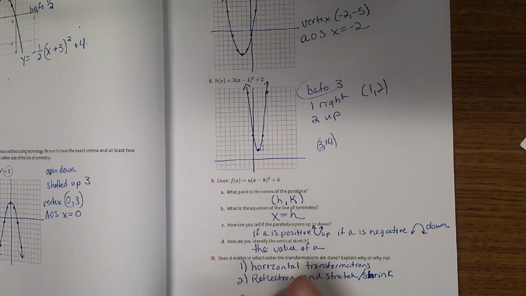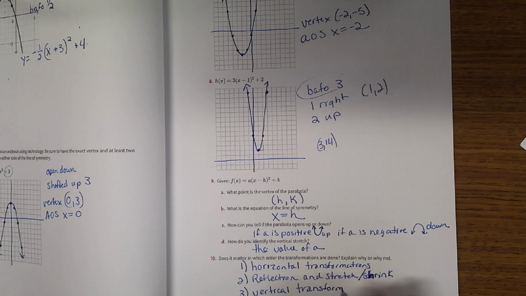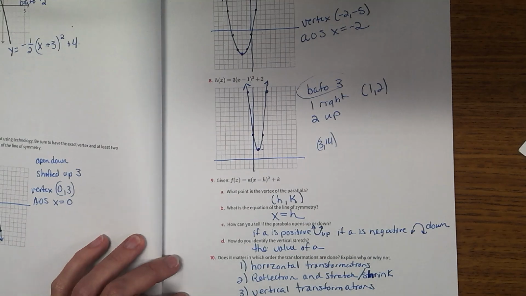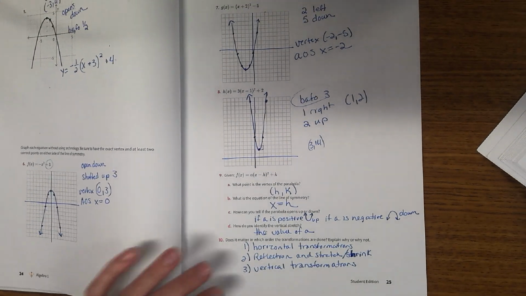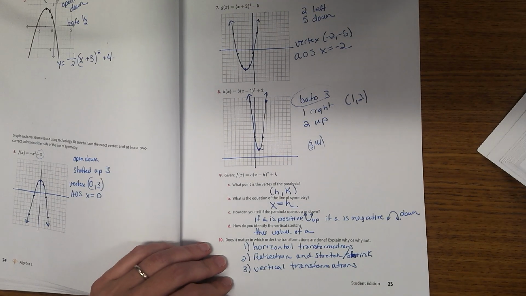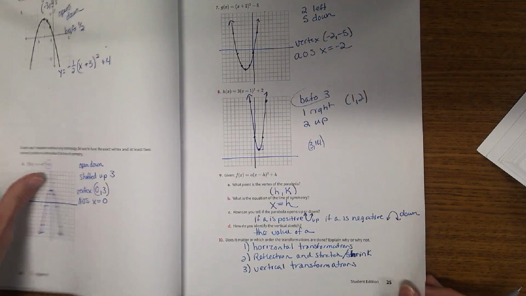And then last but not least, we want to think about those vertical transformations. Oh, we get them all on there? Okay. Awesome. Okay, let's turn the page. It looks like we're ready for some takeaways.